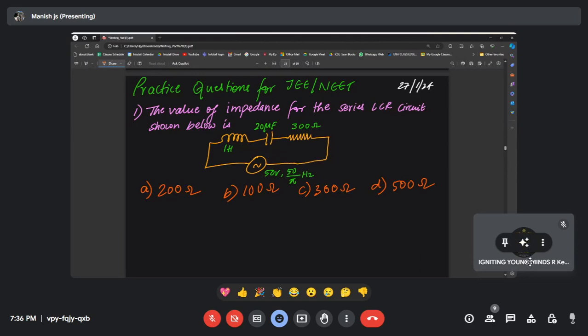What is the formula, children, we generally use for a series LCR circuit? How do we calculate the impedance when you have three different components, inductor, capacitor, and resistor, connected in series?